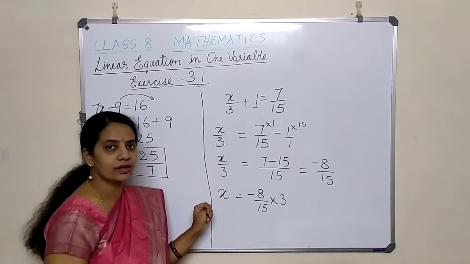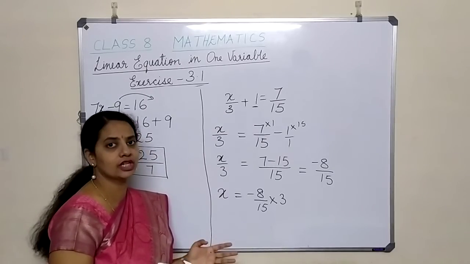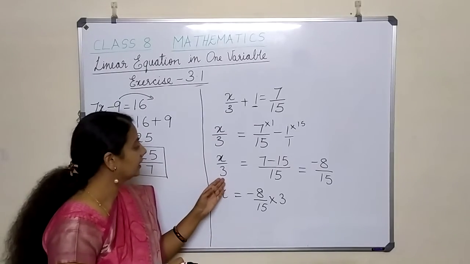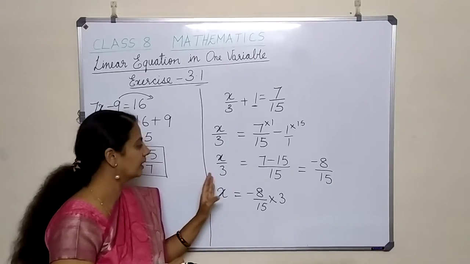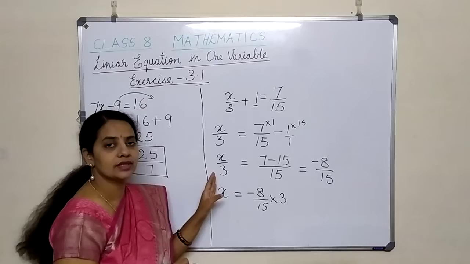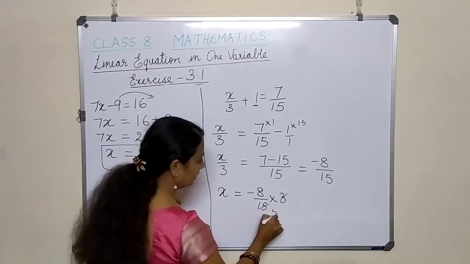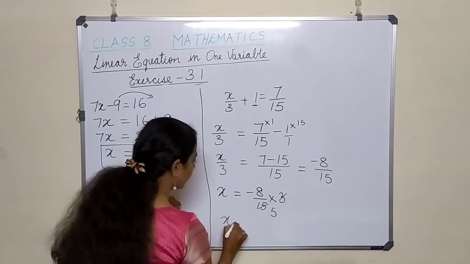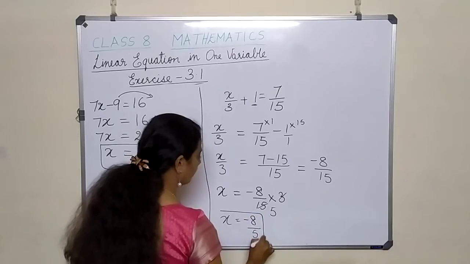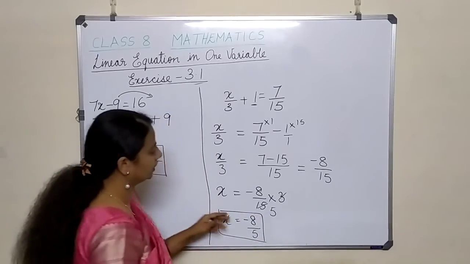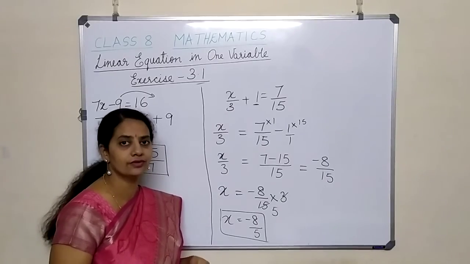No. Only if it is addition form or subtraction form, then you have to change the sign. Here it is in the form of divisor. So you don't have to change the sign, but you have to change into multiplicand. So 3 ones are 3, 5 3s are 15, so x equals minus 8 by 5. This is your answer. Further, you can write this in the form of a mixed fraction. You know how to do the mixed fraction.